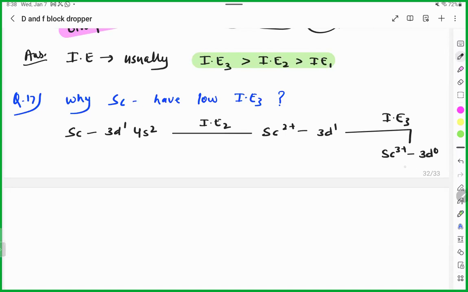It means it looks exactly like argon, a noble gas. And you know noble gases are extremely stable. So you will see the third ionization enthalpy will be low here. Understood? Yes, sir.